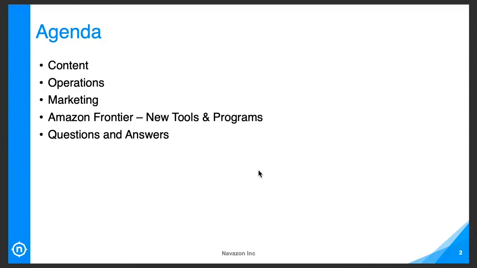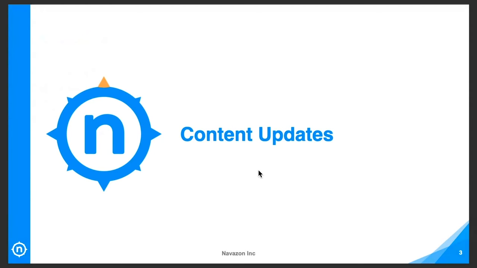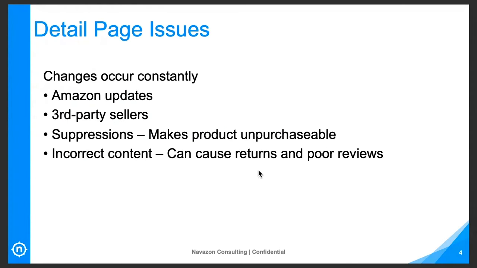I will start us off by going through content updates. This year, we noticed that content changes have been occurring constantly, and the rate at which changes occur seems to be increasing. Your content can be updated from third-party sellers and from other Amazon vendors, and that makes your detail pages inconsistent.